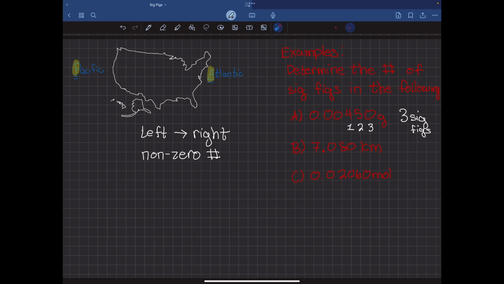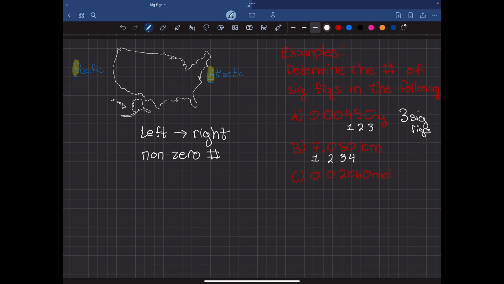That is a non-zero digit, so that counts as a sig fig. The next 0 counts as a sig fig, this 8 is a non-zero, so it also counts, and the 0 after the 8 also counts because of that decimal being present.